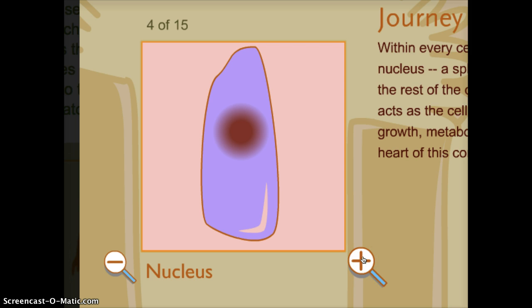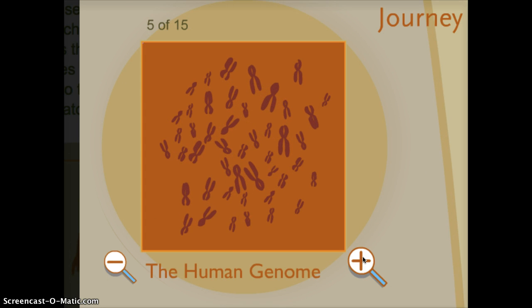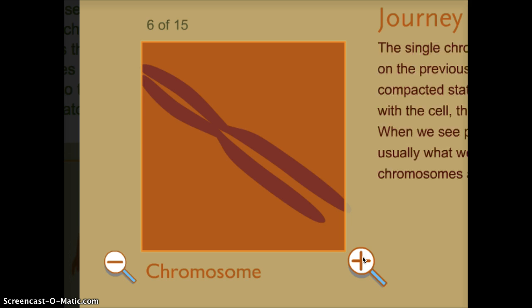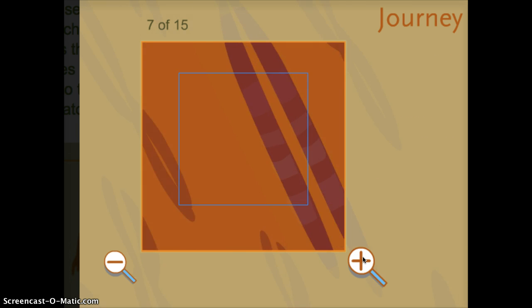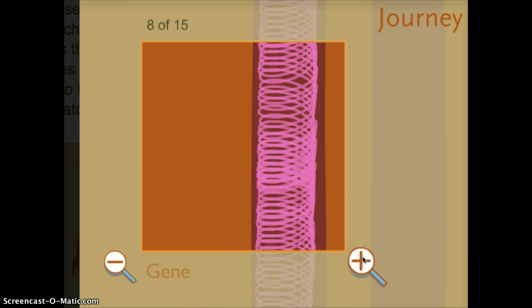The reason it's the brain of the cell is because this is where the DNA is. And the DNA is the directions, the code for how your cells should act. That's why it is the brain, because of the DNA. If we zoom in any closer, we'll see all these little squiggly things, which is called the human genome, which is all these chromosomes, which we will talk about. Then in the chromosomes you get the banding, and in the banding you get little pieces called genes.